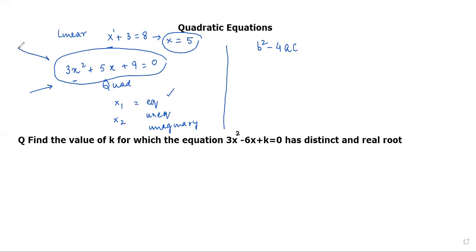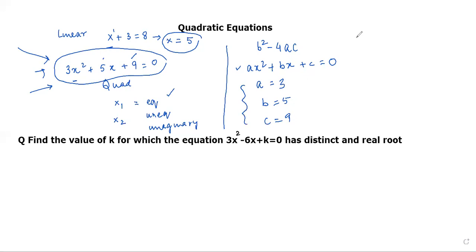All quadratic equations can in general be written as ax square plus bx plus c equal to 0. So if I compare this generic equation with this equation, I can say that the value of a is 3, b is 5, and c is 9. Just simply compare these two equations, right? Very easy. You can get the values a, b, and c.